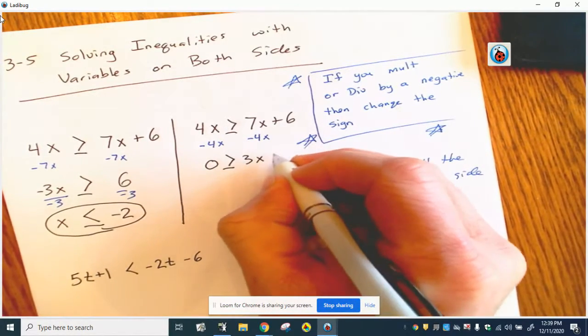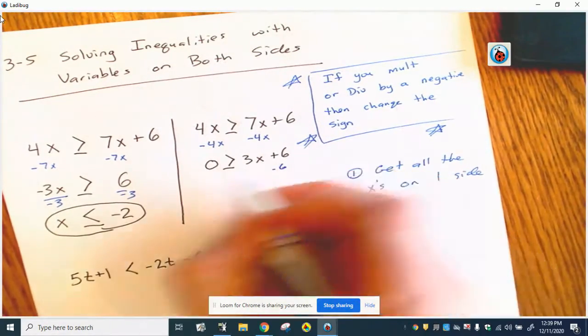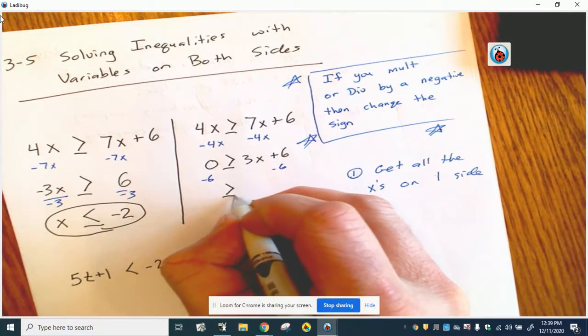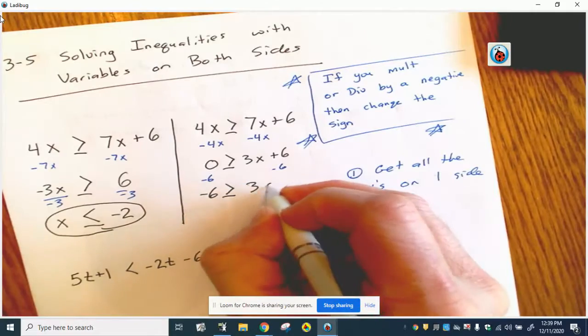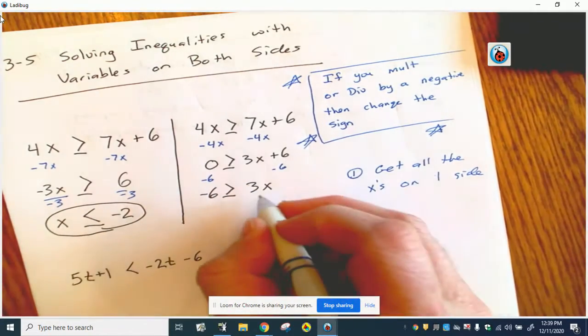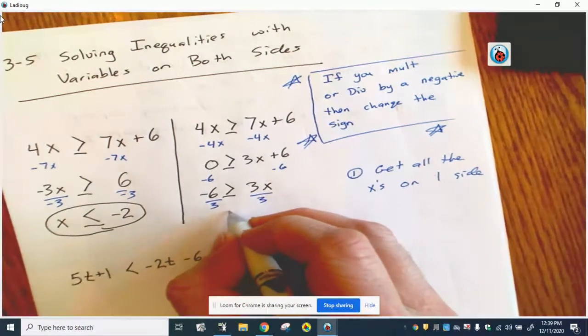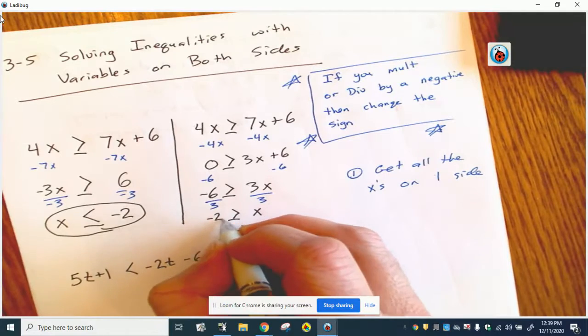So we'd have 3x plus 6, right? We would minus the 6 from both sides. Again, we would not flip the sign over. 0 minus 6 would be negative 6. We'd have 3x over here. And then we would divide by 3. Now, again, not going to flip the sign over, right? We'd have x and we'd have negative 2.